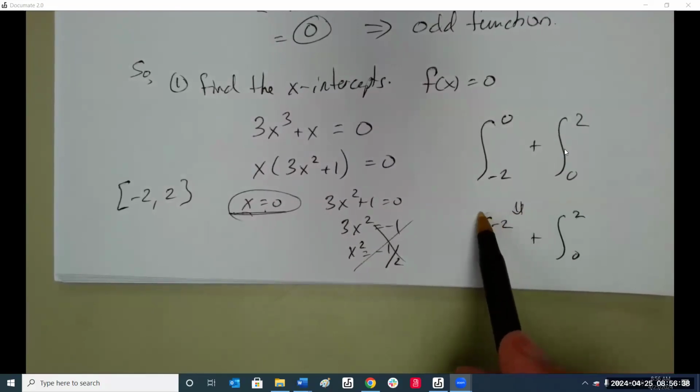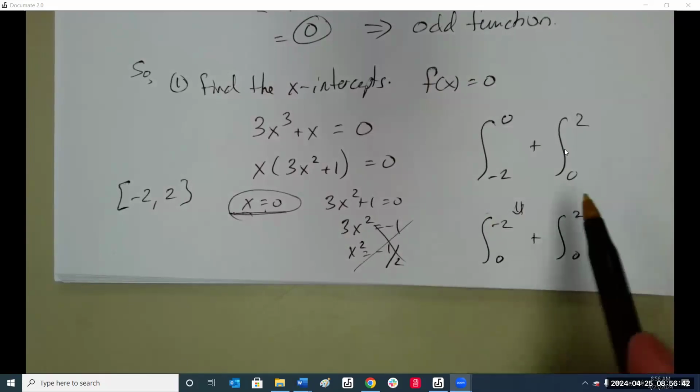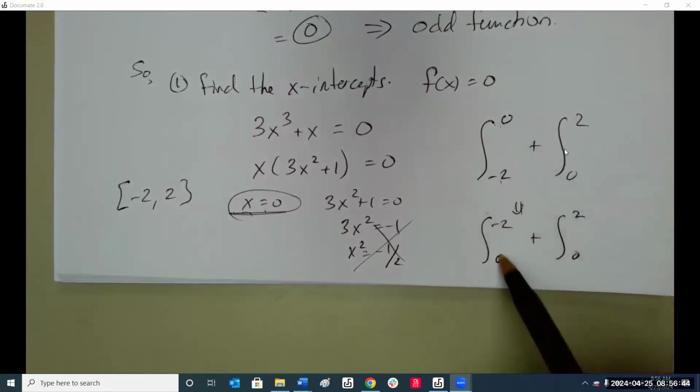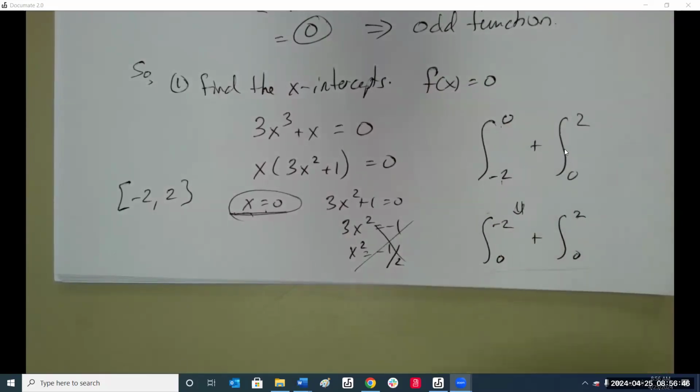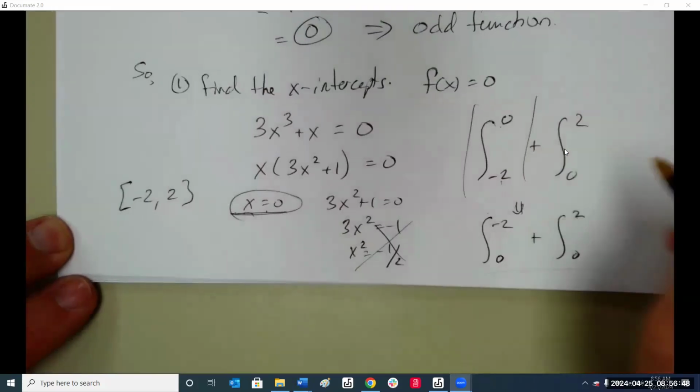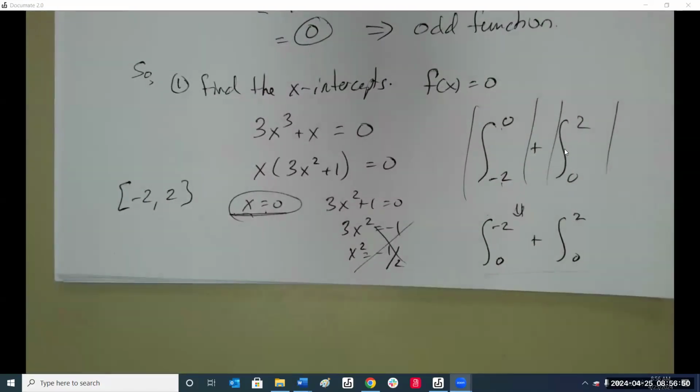Since it's odd, the negative side is negative, positive side is positive. So we change the bounds of integration, or we can take the absolute values of both of these and then worry about it later. So that's what you're looking at here. So far, so good.